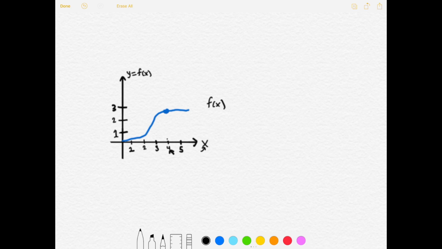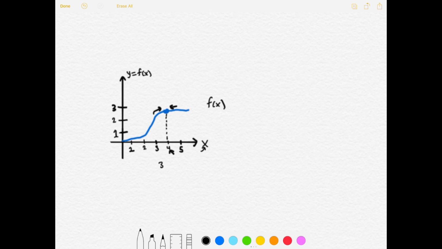So, when working with a limit, we are not concerned with what is defined at the x value 4. We're just concerned with where the function seems to generally go as it gets closer and closer to 4. It can get infinitely closer as long as it's not the actual value 4.